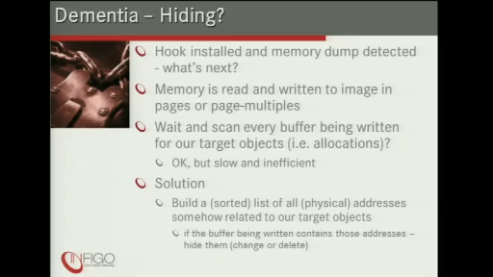We either delete them or change them. How do I know whether the buffer contains one of those addresses? Well, that's the simple part, because I know the current offset inside the file. So I know the current file pointer position. And because the file layout is equal to the physical memory layout, I know exactly whether the buffer contains a certain physical address or not.